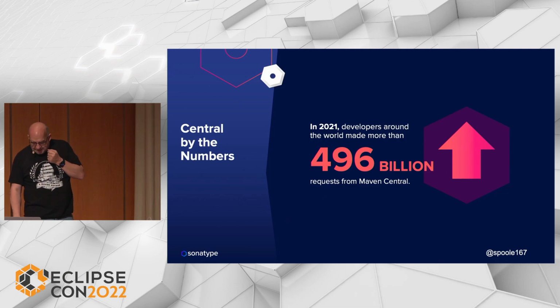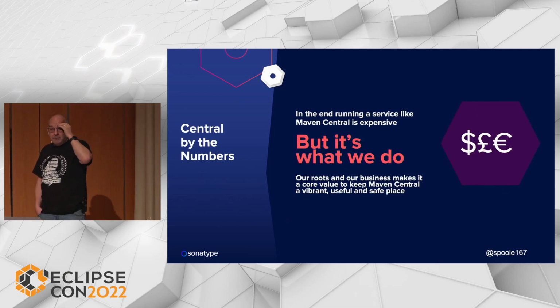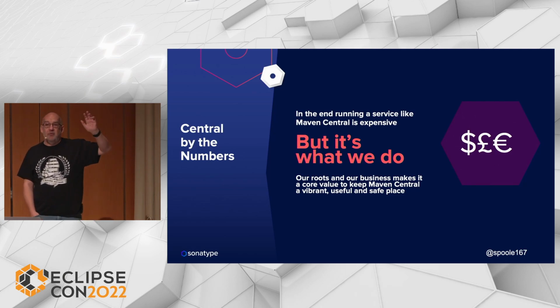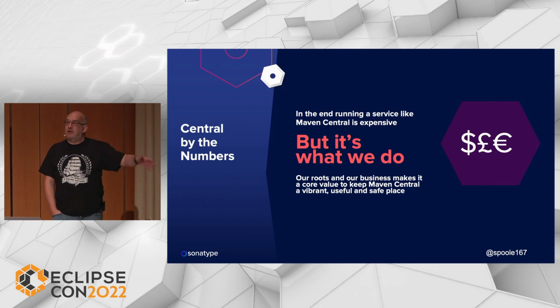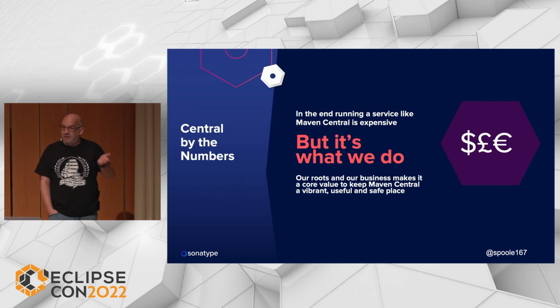So as I said, it is expensive to run. We're doing it because we have commercial interests, but we're also doing it because the people who created this, Brian Fox and others who have been around, want to do this, because Sonatype is actually quite an open source company. It's just been invisible for years, and we're trying to get people to realize that we're here.